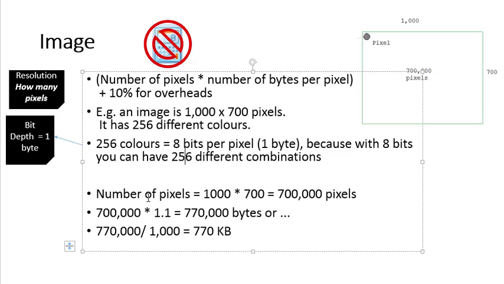This then means the total number of pixels would be 1000 by 700, which would be 700,000 pixels. We multiply the pixels by the byte depth, which is just multiplying by 1. So the file will take up 700,000 bytes. Adding my 10% overhead gives us 770,000 bytes. Dividing that by 1,000 gives us a value of 770 kilobytes approximately.